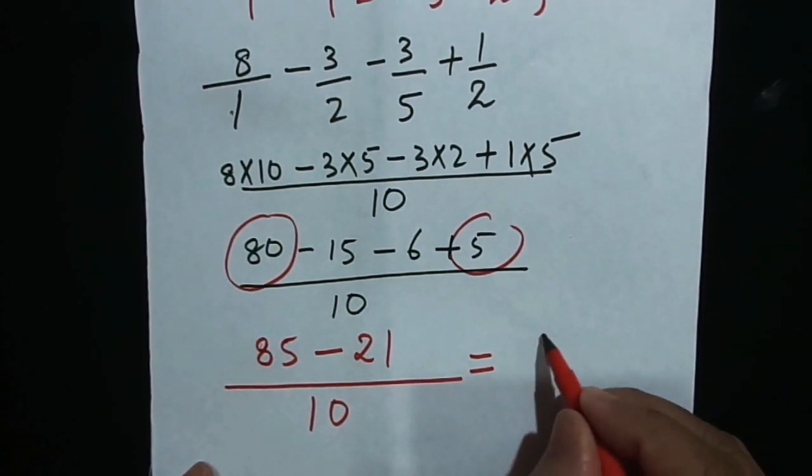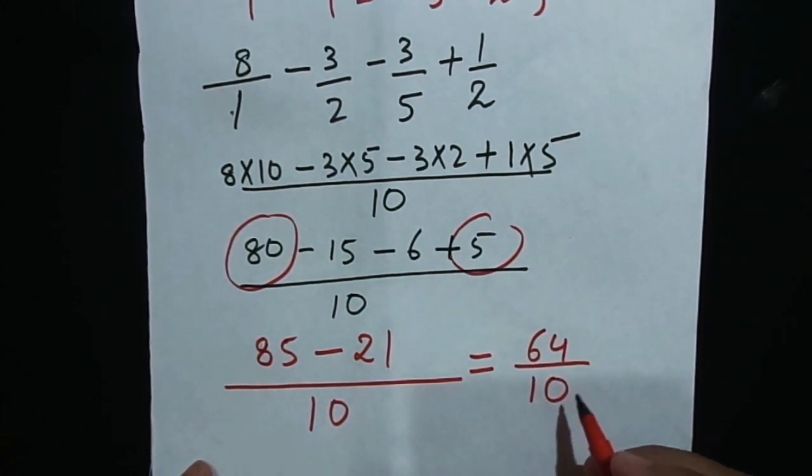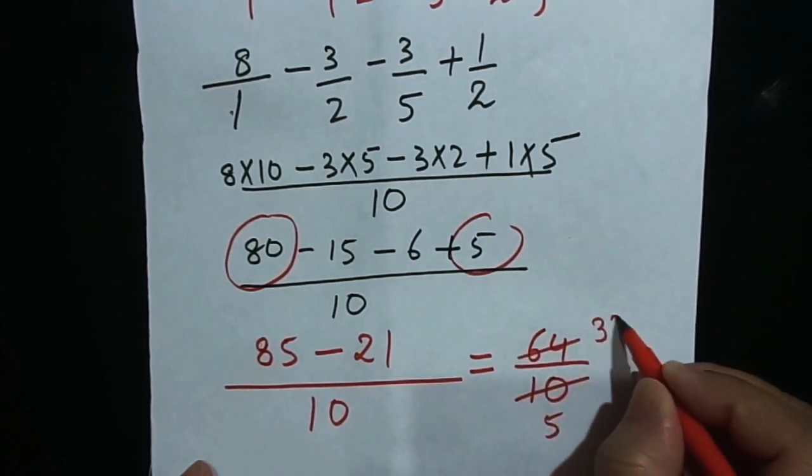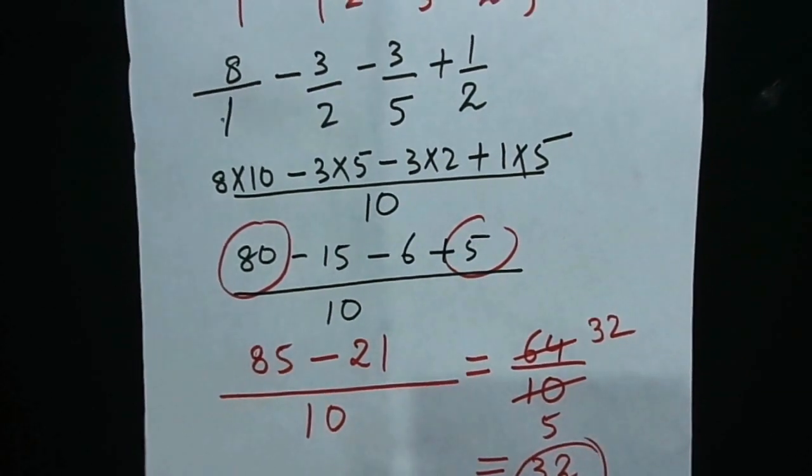Divided by 10 is equal to how much? 64 by 10. Let us cancel. 2 5 times and 2 32 times. Therefore it is equal to 32 by 5. I find that this is an improper fraction. Why?